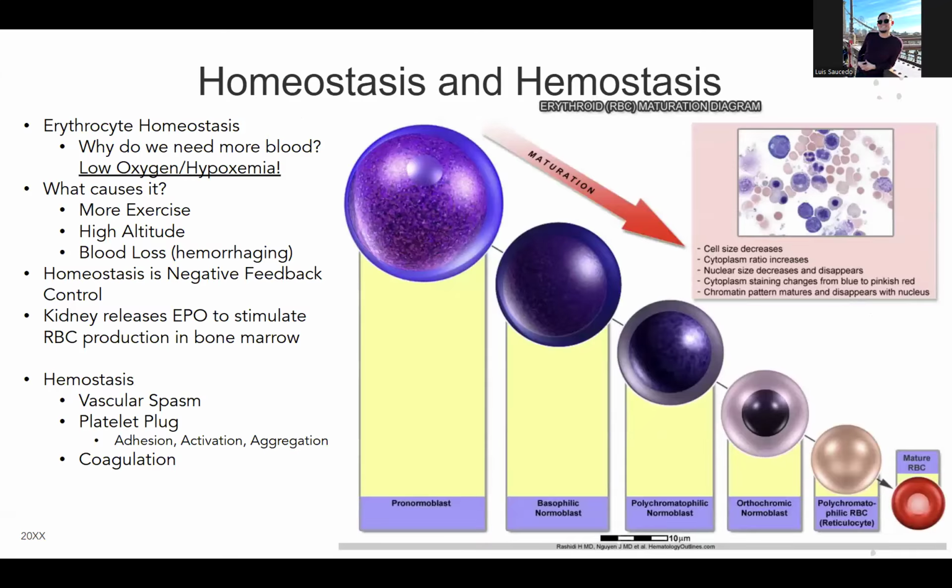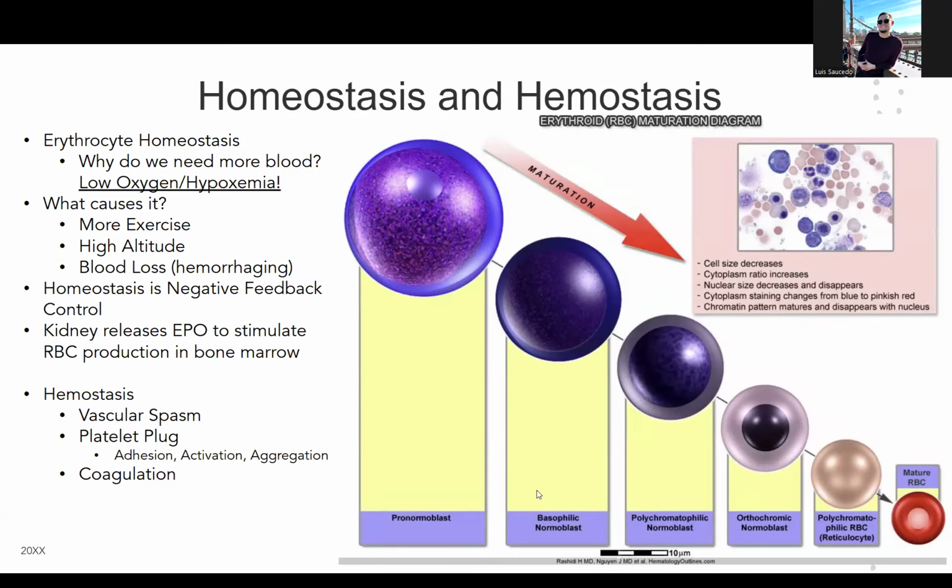So when we talk about having blood and blood formation, we call that erythrocyte homeostasis. Just think about yourself right now, where you're at. We're all at different fitness levels. All I really mean by fitness is we all burn a certain amount of energy, and we all need a certain amount of oxygen to get our day-to-day tasks done.